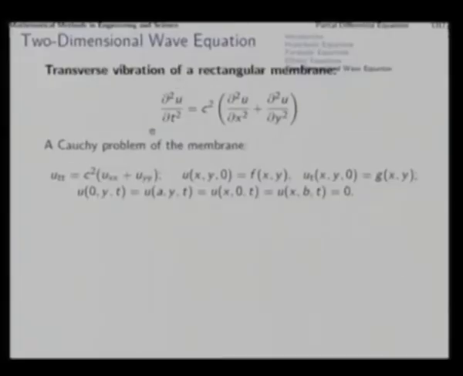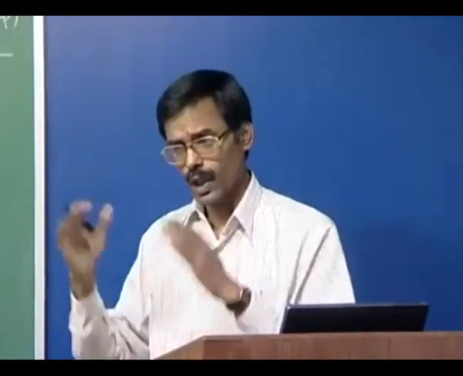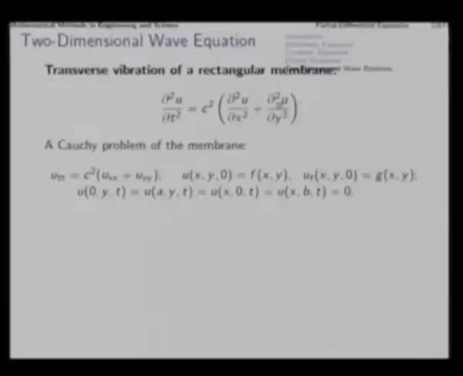Earlier we have seen that the one dimensional version of that is the vibration of string problem, in which we had del 2 u by del t square equal to c square del 2 u by del x square, that is all. Now, rather than a string which is a one dimensional medium, we have a membrane which is a 2 dimensional domain.